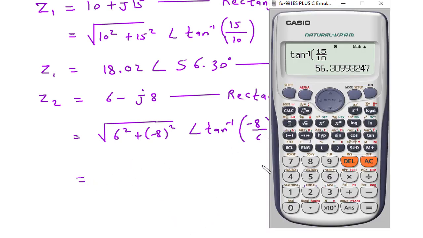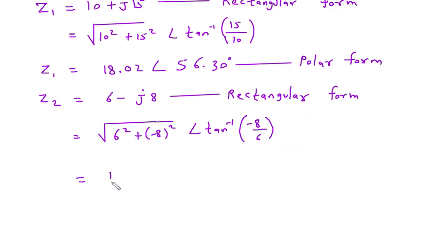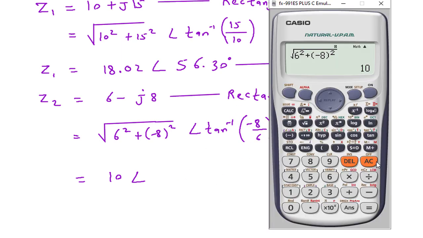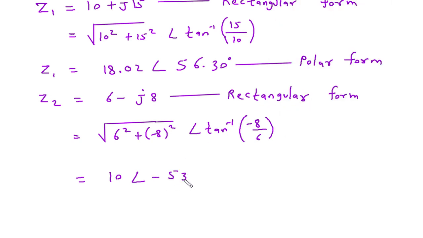So this will be under root of 6 square plus in bracket minus 8 square. So it is 10 at an angle of tan inverse of minus 8 by 6. So it is minus 53.13 degree.